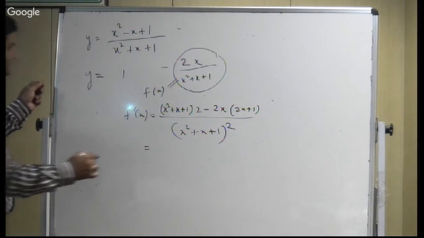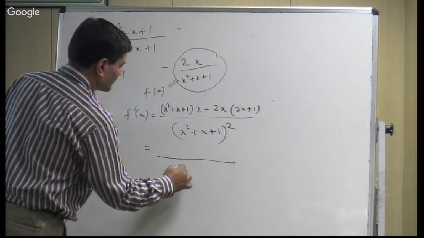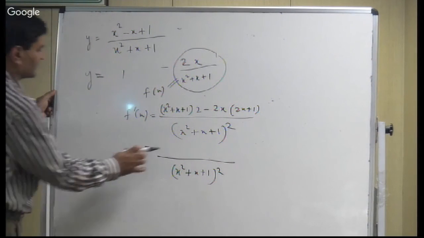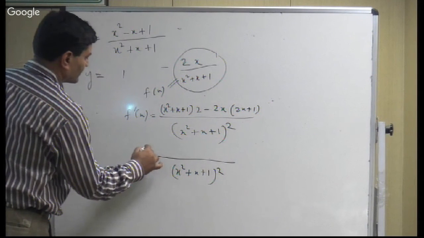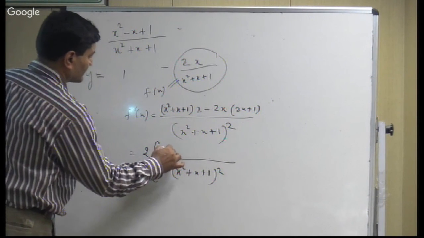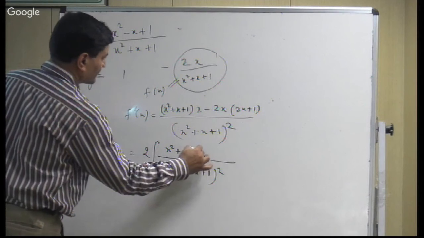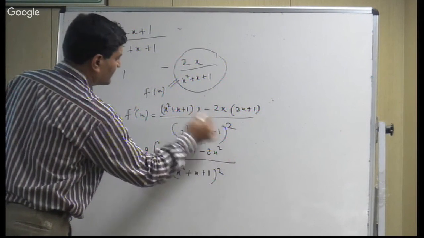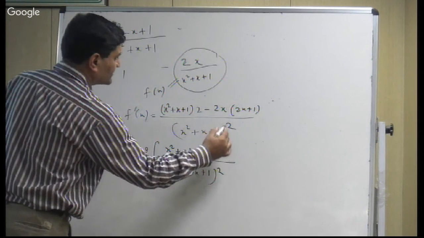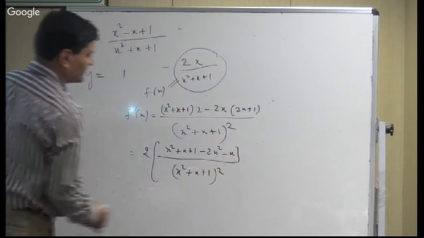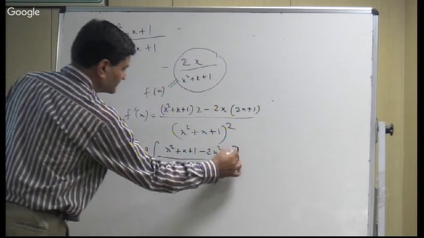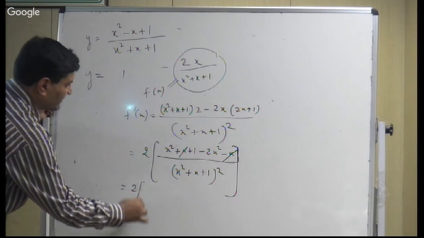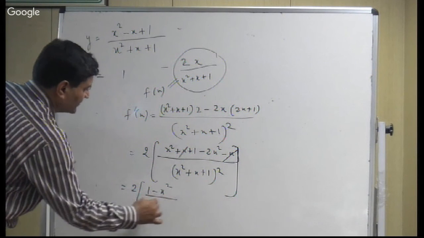This expression: minus 2x square. 2 I have taken out. So minus 2x square minus x. So this will cancel out. So twice 1 minus x square upon this.